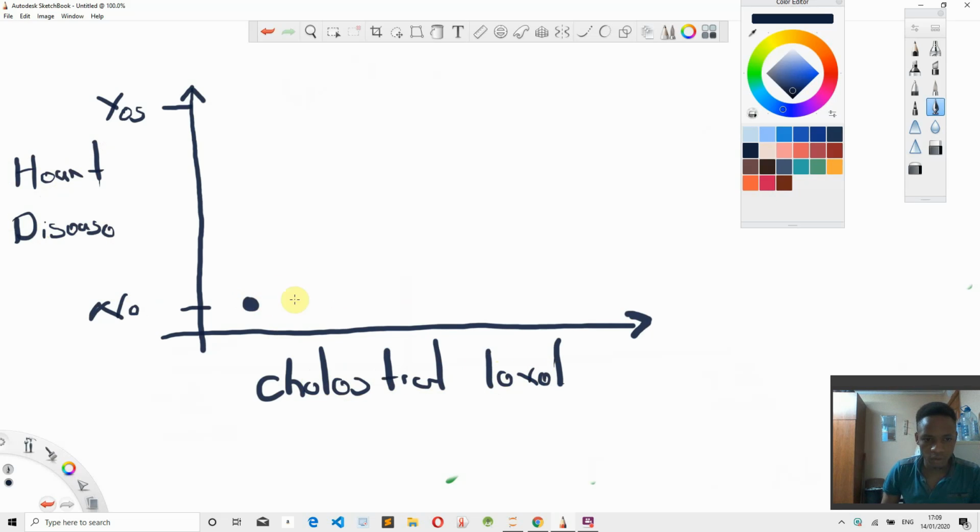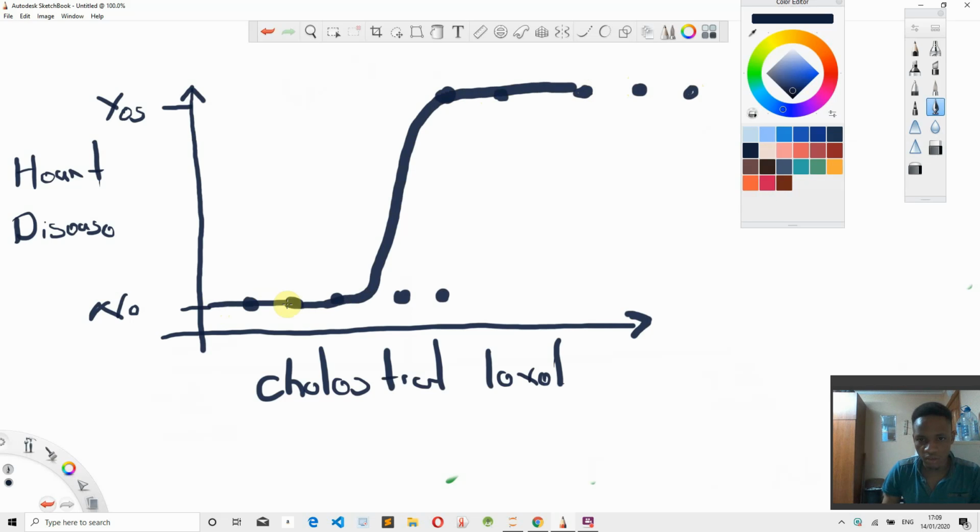If we draw these examples, then our logistic regression function will be something like this.